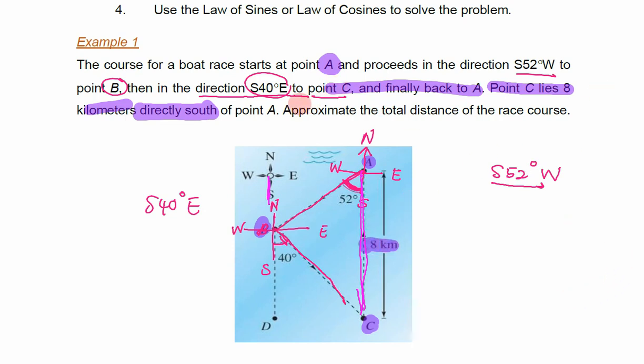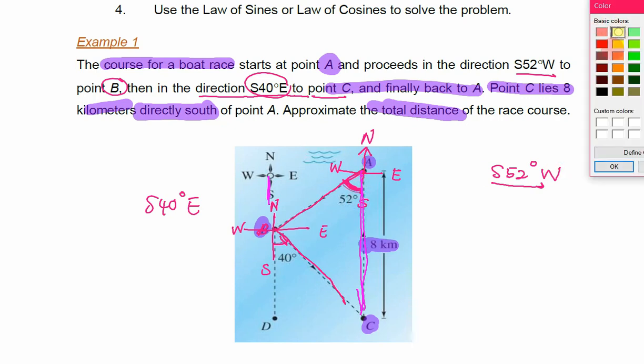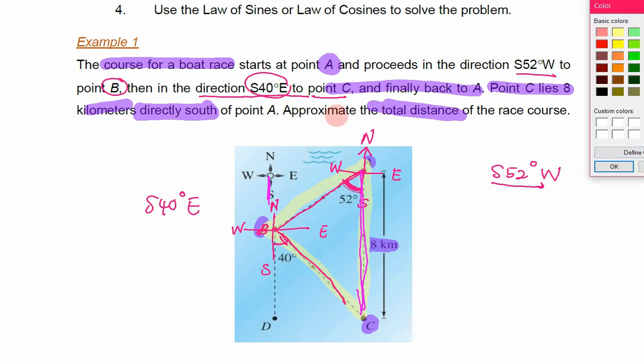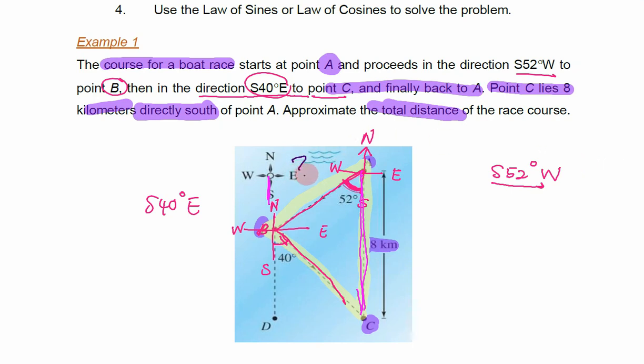Now, you want to know the total distance of the course for the boat race, the distance from A to B to C and back to A. So you need to know this distance, and you know this is equal to 8 kilometers.